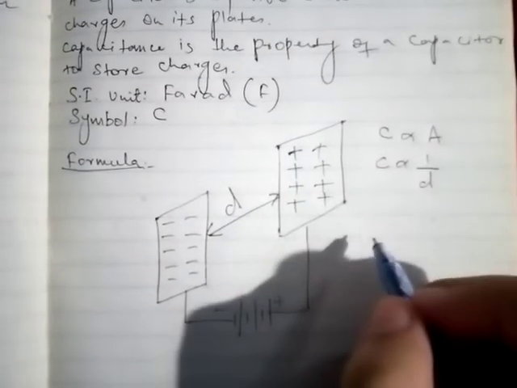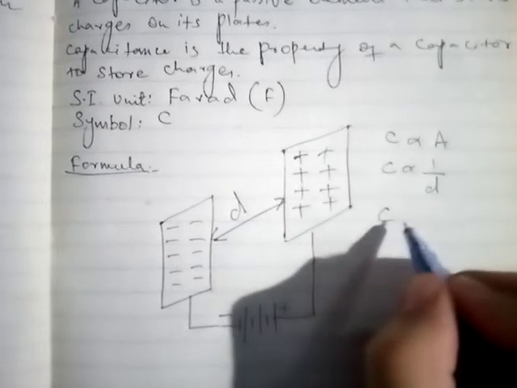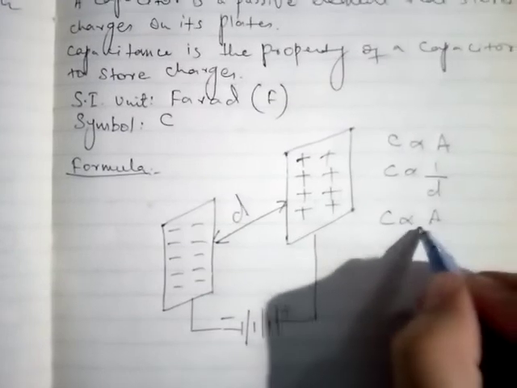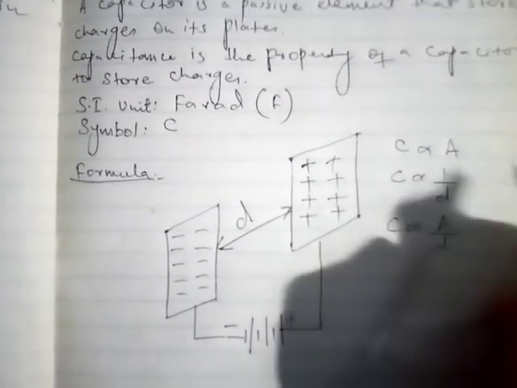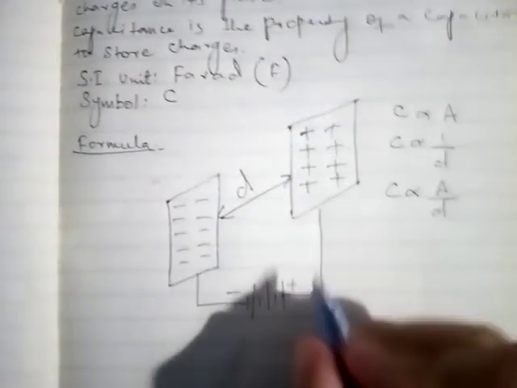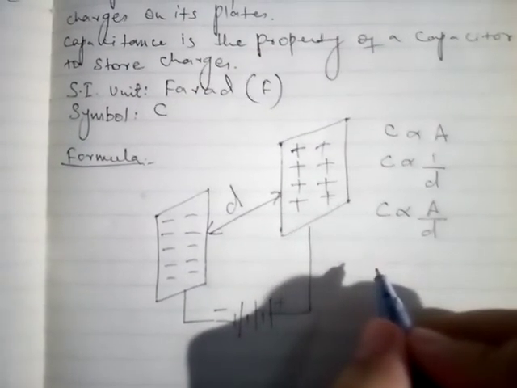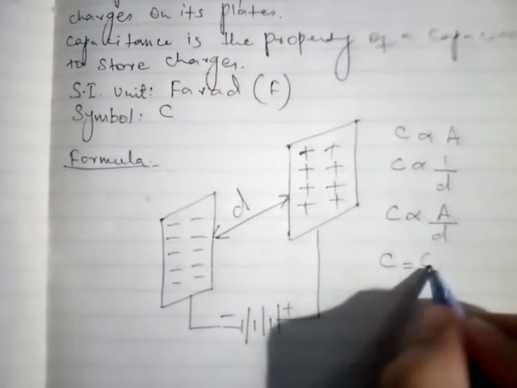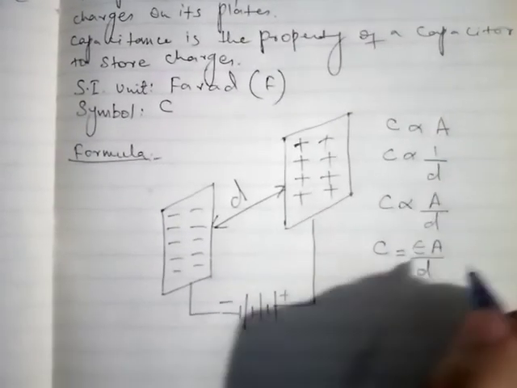Now I will combine these two relations, so it will be like this: C is proportional to A upon D. Numerator comes in numerator, denominator comes in denominator. A is in numerator, D is in denominator, and you all know the basic rule of maths: whenever the sign of proportionality is removed, the equal sign comes with a constant. So C is equal to epsilon A upon D. What is this epsilon?